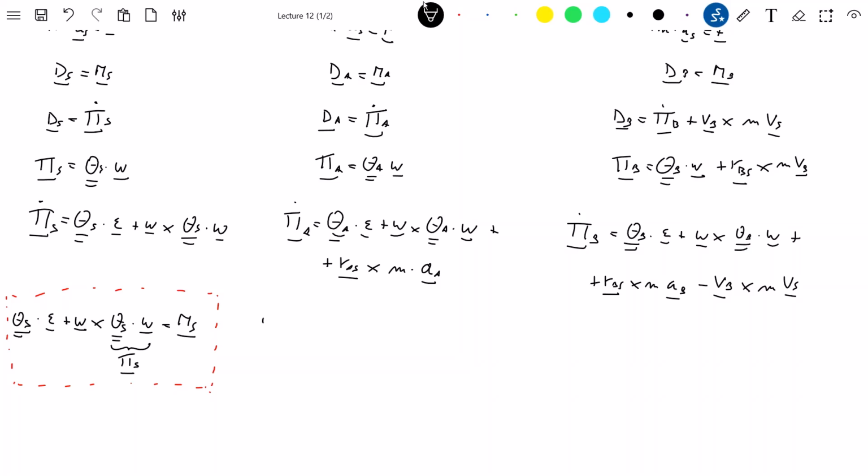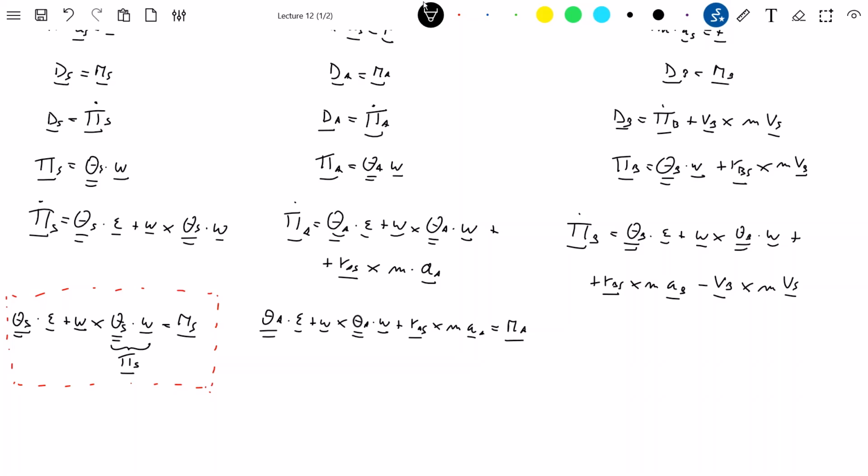We will have theta a times epsilon plus omega cross product theta a times omega plus RAS cross product mass times A, which is this term, and this is equal to MA.